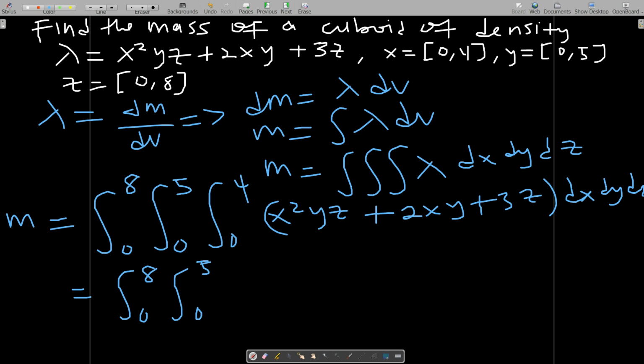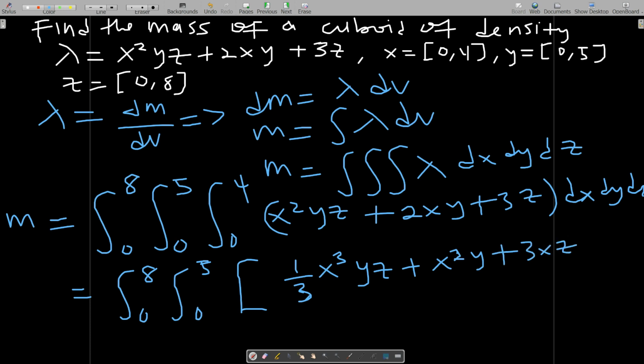Now with respect to x, we get 1/3 x cubed yz plus x squared y plus 3xz, from 0 to 4, dy dz. Let me write it all for you.